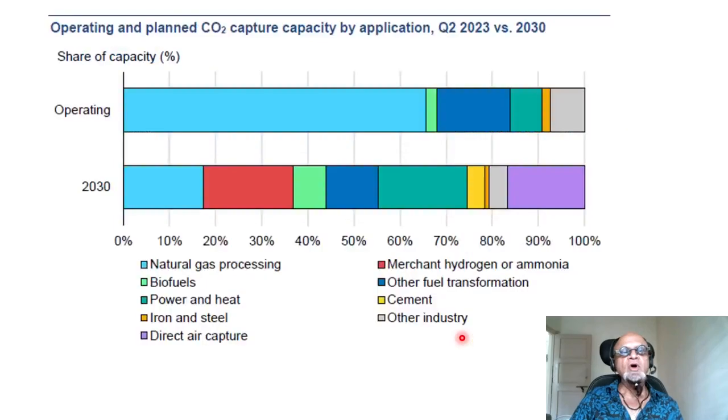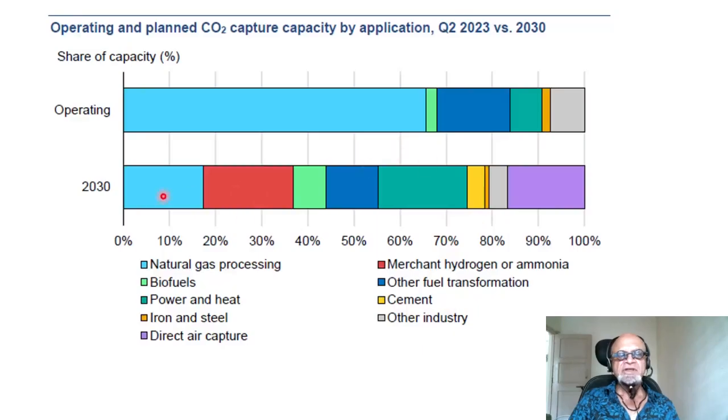Okay, so operating and planned CO2 capture capacity by application, Q2 of 2023 versus what is expected by 2030. So share of capacity right now, operating is mostly for natural gas processing, with other items here in terms of biofuels, power and heat, iron and steel, direct air capture, merchant hydrogen and/or ammonia, other fuel transformation, cement and other industries.